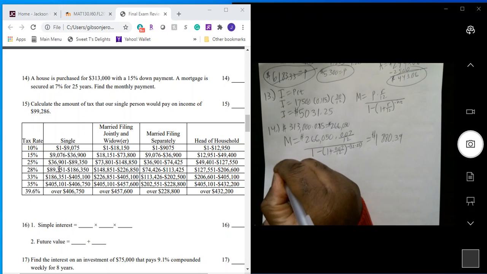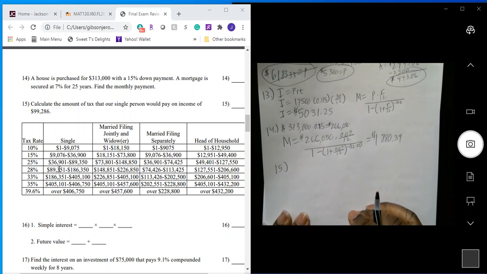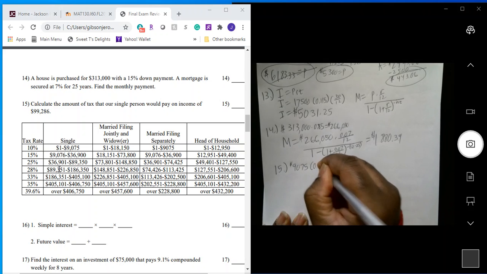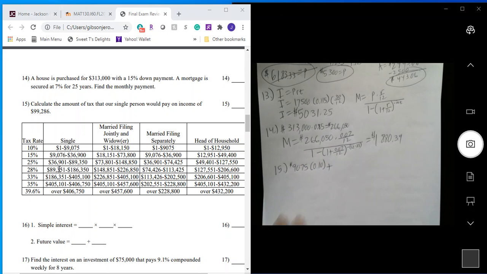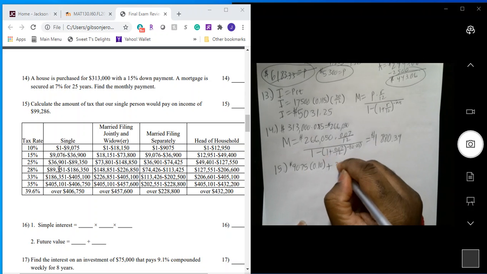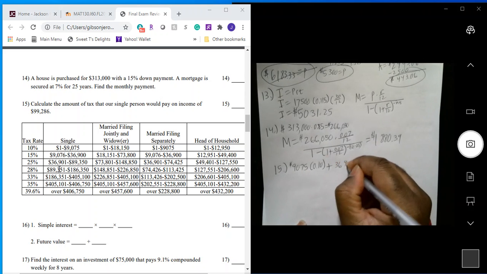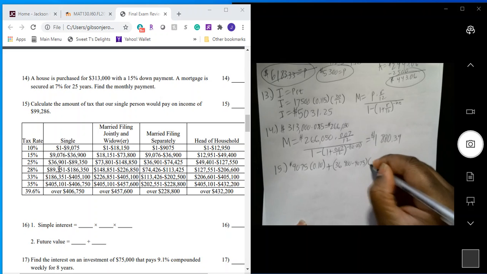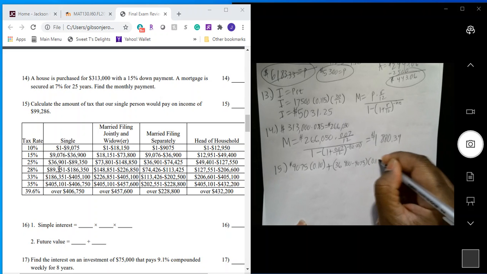So for problem 15, the first thing we would do is the first $9,075 is at 10%. Now, the next, we would take the 36,900 minus the 9,075, and that would be at 15%.